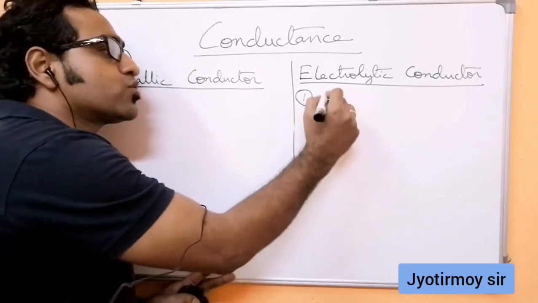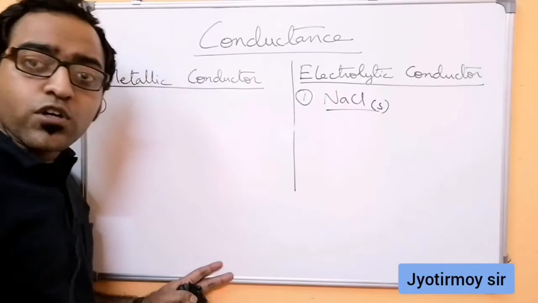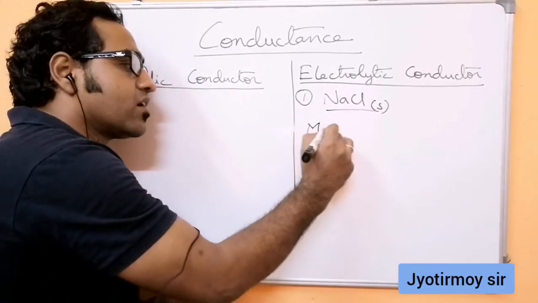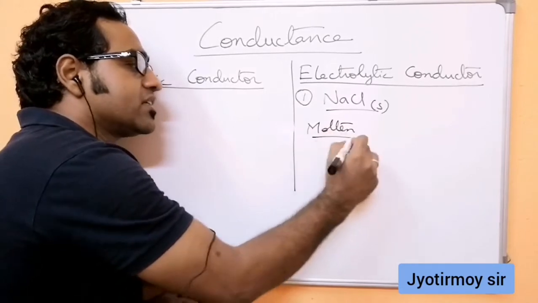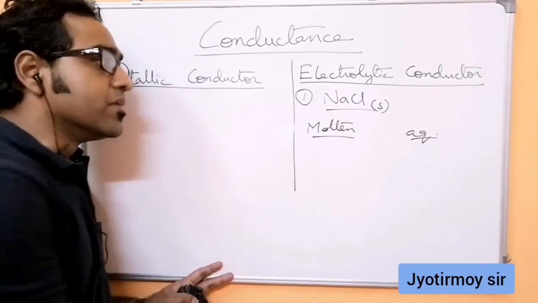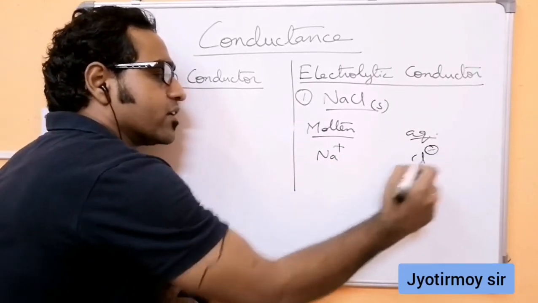So for example, sodium chloride. Solid sodium chloride does not allow electricity to pass through it, but in the molten or aqueous medium, it allows electricity to pass through due to formation of sodium ion and chloride ion.